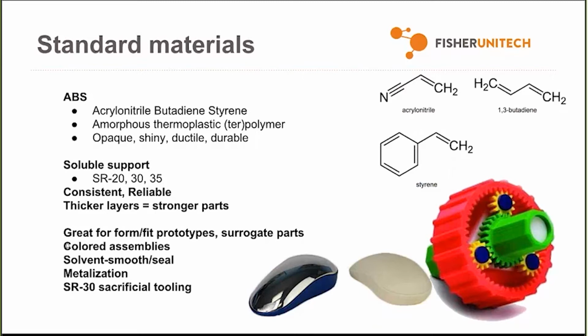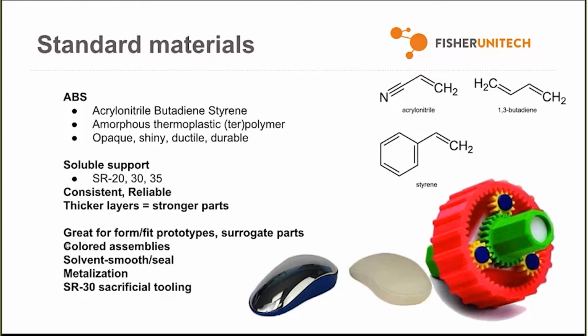Basically, the way that the chemistry works is that the styrene and the acrylonitrile molecules stick together. And those, we'll call them chunks, they're all connected by long chains of butadiene rubber. So the result, as you are well aware, is a shiny, opaque material that's easily pigmented. It's relatively ductile, and so it'll bend before it breaks.